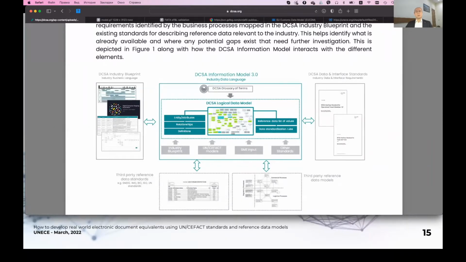3.0 consists of the following artifacts and products: logical data model, standardized list of data, and data standardization rules. The logical data model is defined as a graphical way of representing a data architecture without regard to the physical implementation of the database management system involved in storing the data, providing information about the various entities and the relationships between the entities.